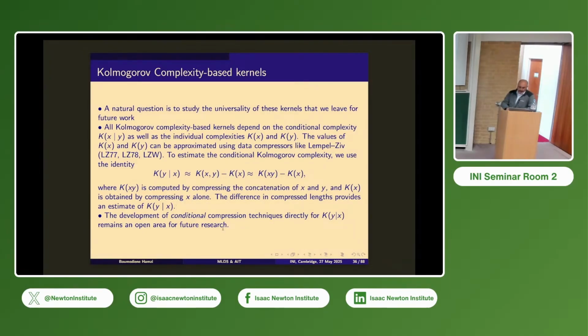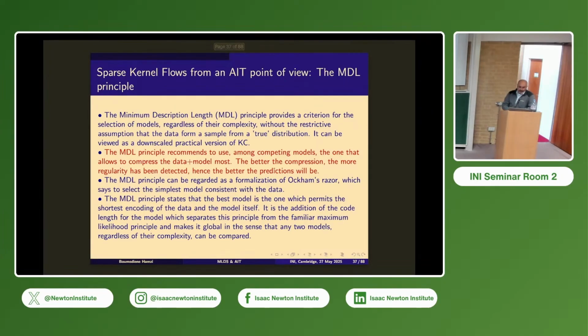Now we are going to move to another principle, which will allow us to reformulate some kernel methods using the AIT perspective. We'll start with the minimum description length. This is a principle that provides a criterion for the selection of models, regardless of their complexity, without the restrictive assumption that the data form a sample from a true distribution.